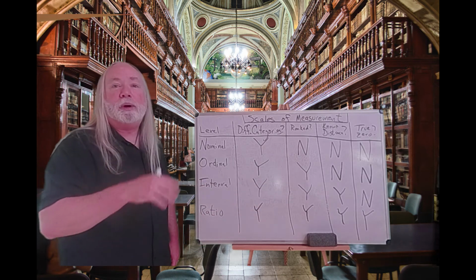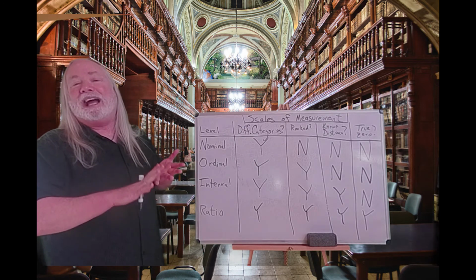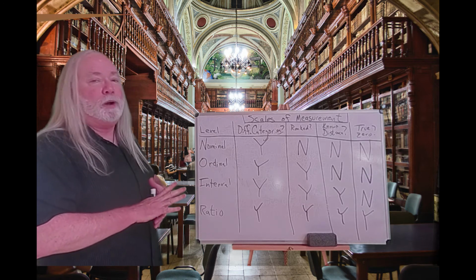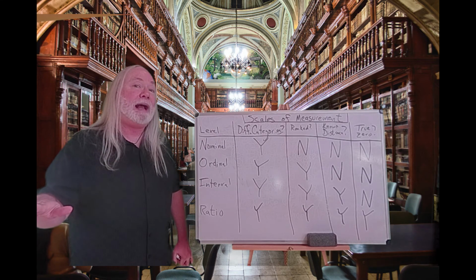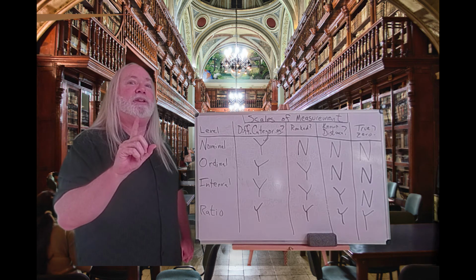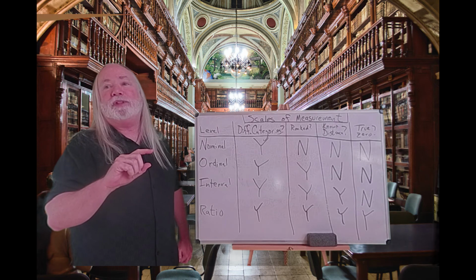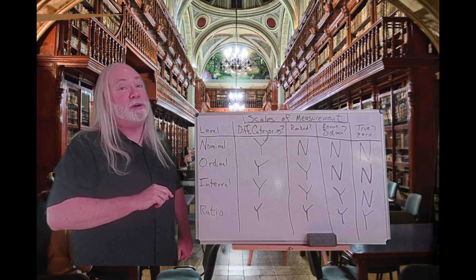How many credits do you have is at the ratio level. Mostly the way we measure things like time and distance, seconds would be the ratio. If I measure something and it's 0 seconds, it means literally nothing happened. Which can be weird to think about, but think about it this way. If I'm going to time something, could my stopwatch ever give me a negative number? Not unless it's broken.